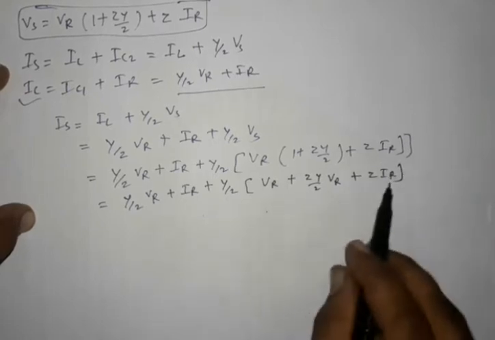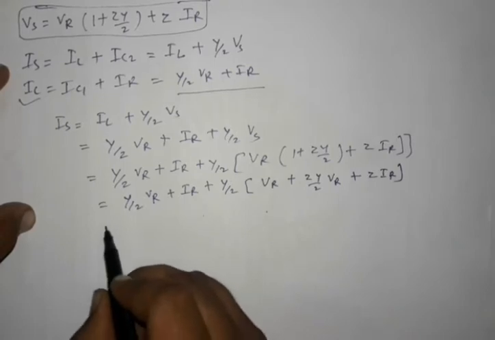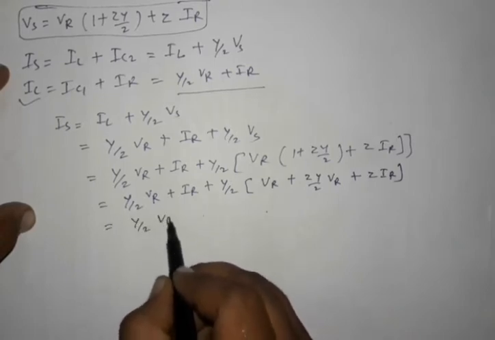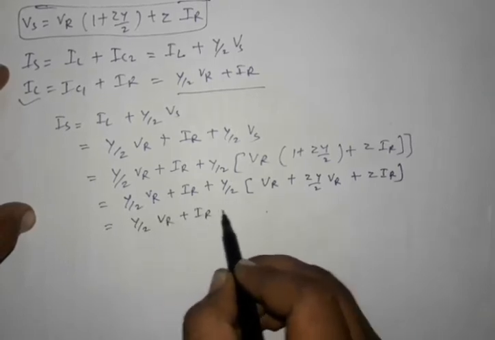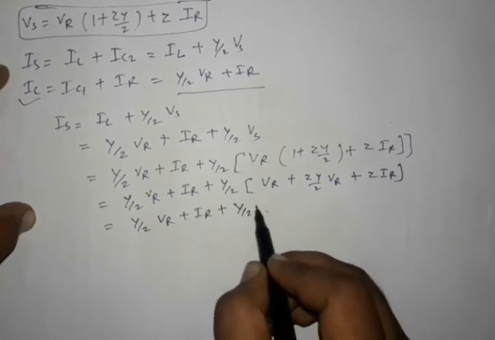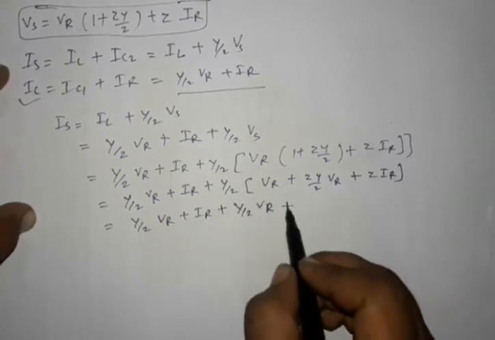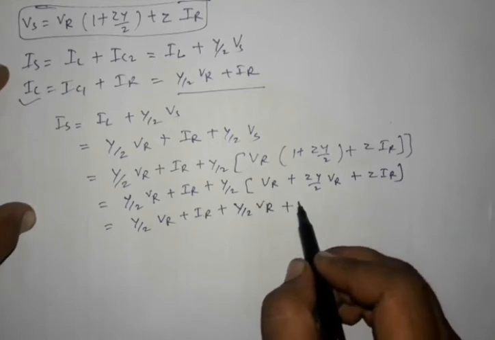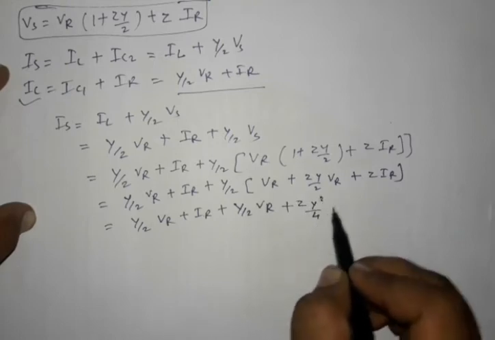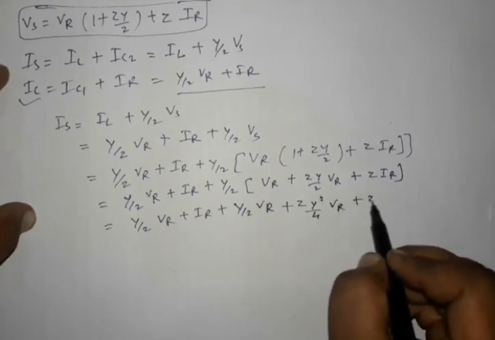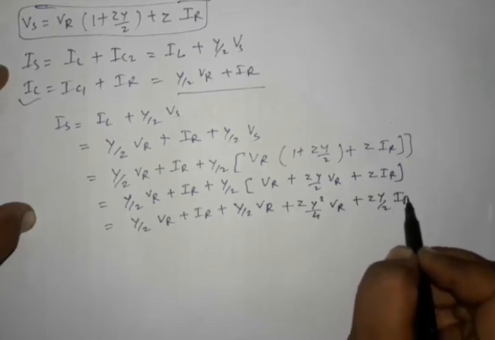Now we multiply this equation with Y by 2. We get Y by 2 Vr plus IR plus Y by 2 Vr plus ZY squared by 4 Vr plus ZY by 2 IR.